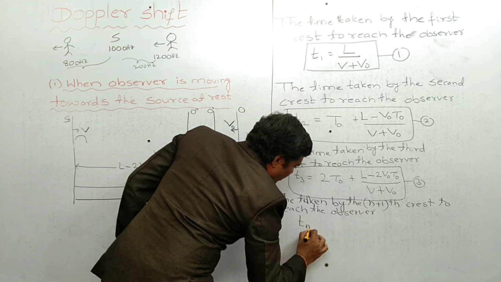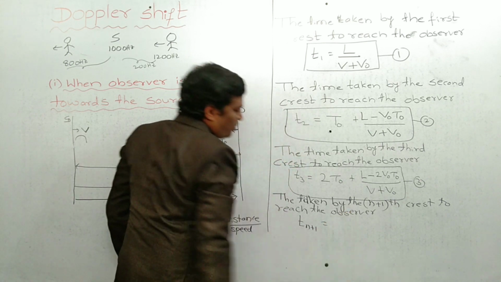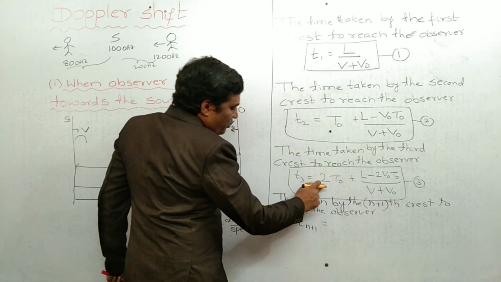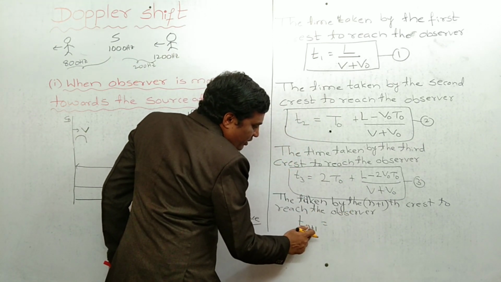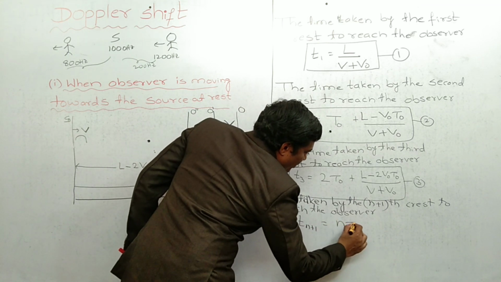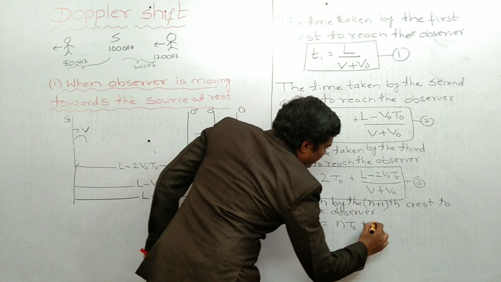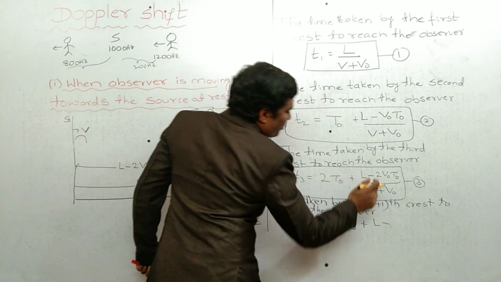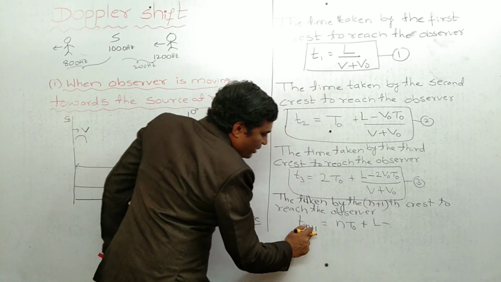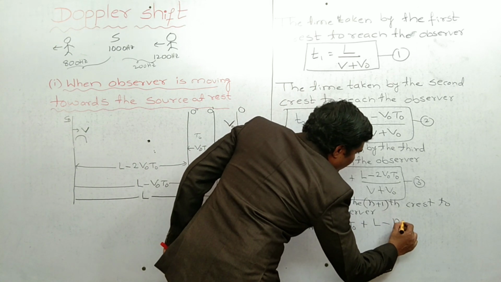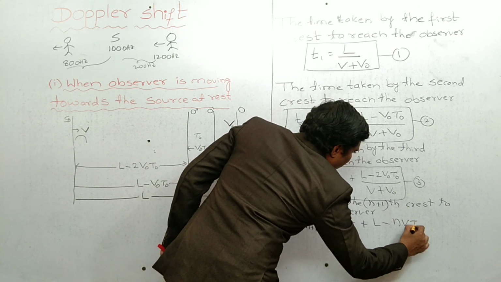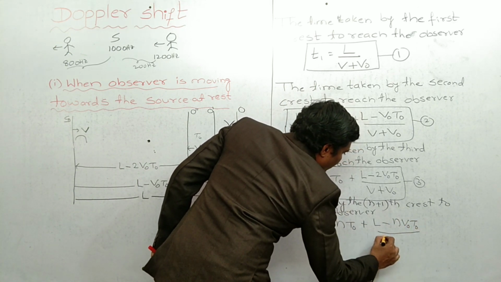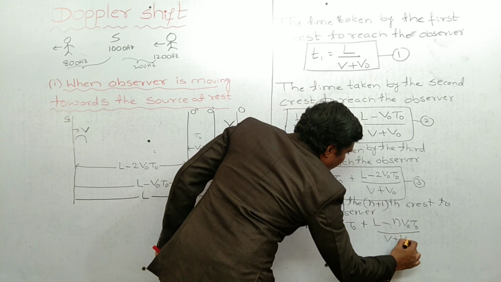So t n plus 1 equals, suppose it is 3, it becomes 2. So here it is n plus 1. So we have to take n t naught plus L minus, here we have 3, so it becomes 2, so here also it is n plus 1. So here we have to take n v naught t naught by v plus v naught.